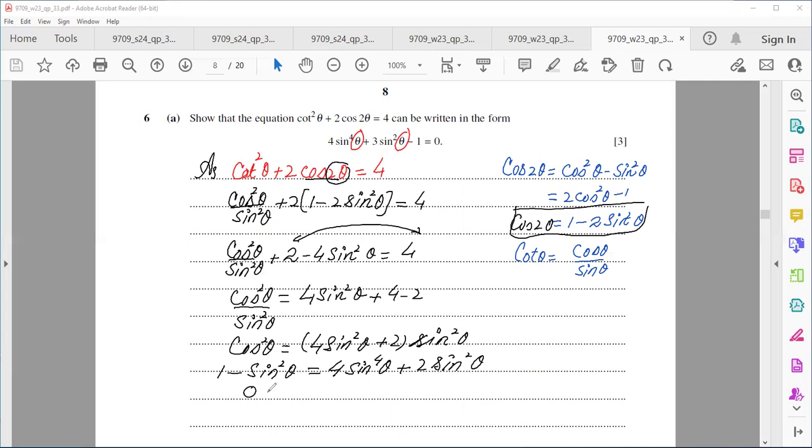That becomes 0 is equal to 4 times sine to the power 4 of theta plus 2 times sine square of theta plus that minus sine square of theta. You have to shift on the other side. It becomes plus sine square of theta and plus 1 becomes minus 1. So the required equation becomes 4 times sine to the power 4 of theta plus 3 times sine square of theta minus 1. So that is the required form of the equation.